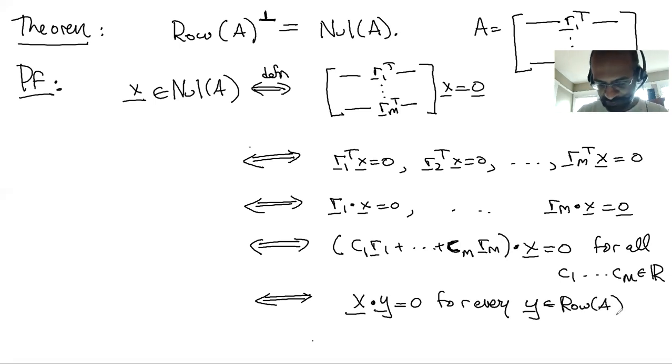So then, that's the same thing as saying that the orthogonal complement of the row space is equal to the null space. So that's the proof, and that's maybe the easiest proof. I might as well give you an alternate proof because it uses some other concepts that are useful. So this is proof number 1.